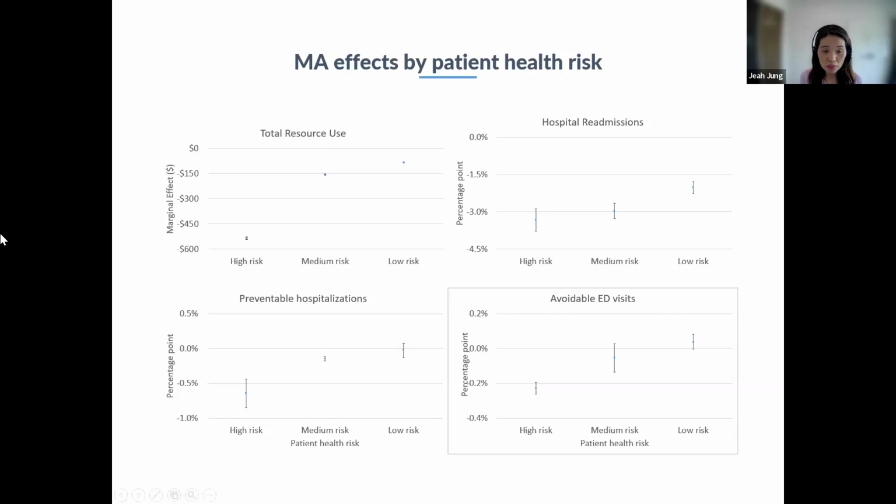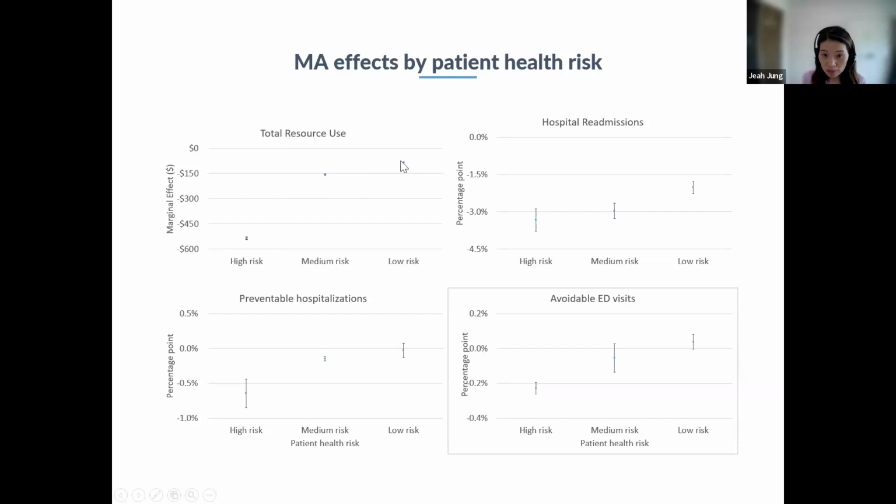So that's why we did a subgroup analysis by health risk, measured by HCC. High risk means the top quartile in HCC. And we found huge differences in total resource use between MA and TM by patient risk. Among high-risk patients, MA plans save more than $500.